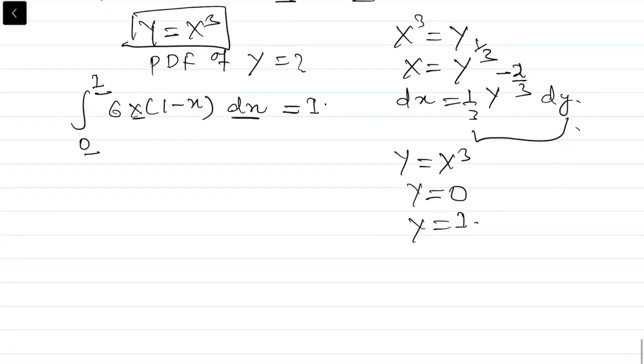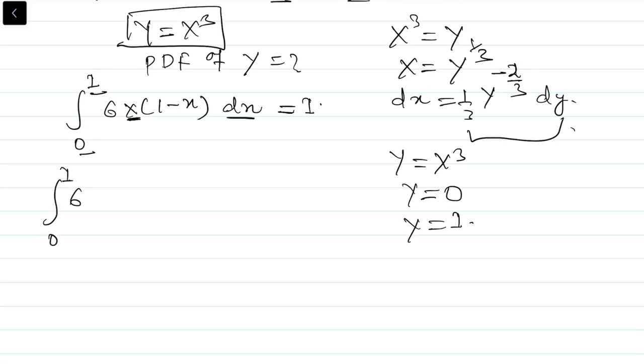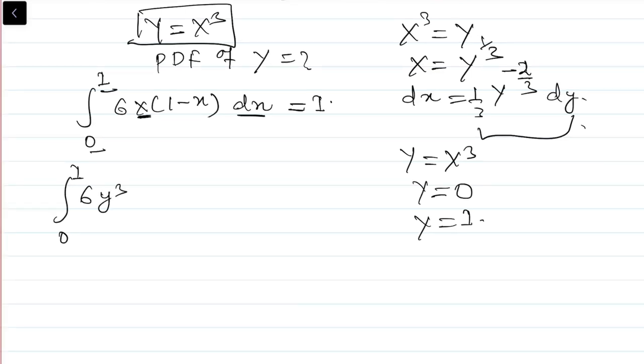Okay, now we can substitute the value of x in terms of y. There is no change in the range. 6 will remain as it is. And what is x? x is y cube, 1 minus y cube.